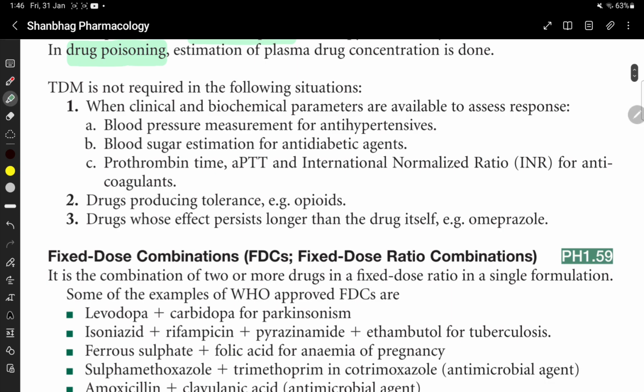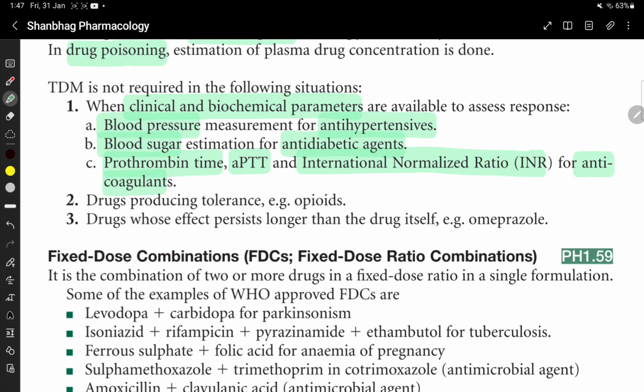Therapeutic drug monitoring is not required in the following cases: when clinical and biochemical parameters are available to assess response, then we don't need to measure the plasma concentration, like blood pressure measurement for antihypertensives, blood sugar estimation for anti-diabetic agents, and prothrombin time, APTT, and international normalized ratio for anticoagulants.